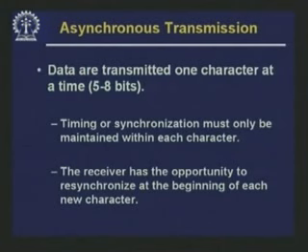This is asynchronous transmission. Data are transmitted one character at a time. Timing of synchronization must only be maintained within each character. And of course, here the receiver has the opportunity to resynchronize at the beginning of each new character.